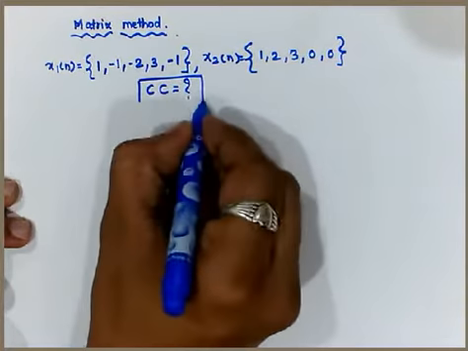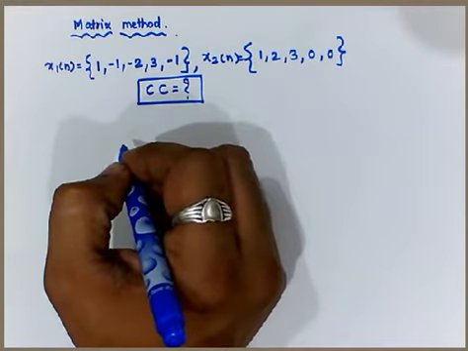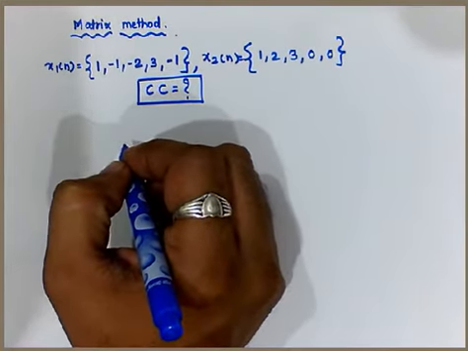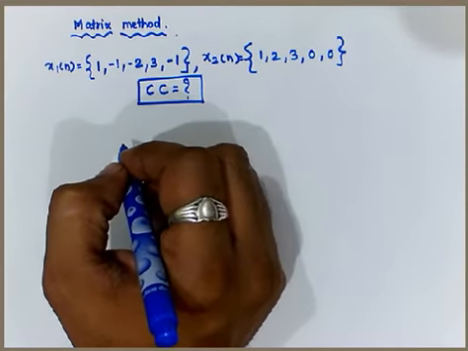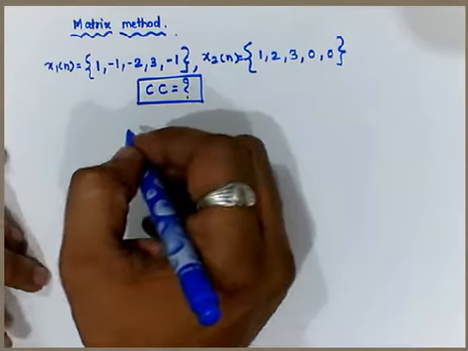Earlier we have seen the concentric circle method, as well as the DFT and IDFT method. Now we will move to another approach, that is the matrix method. This is a very simple one.